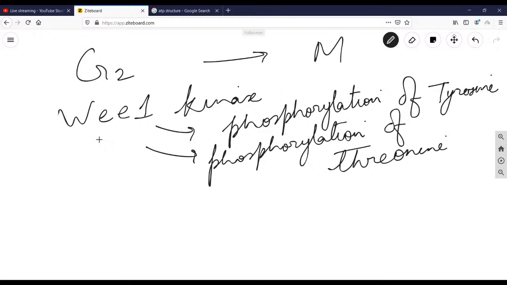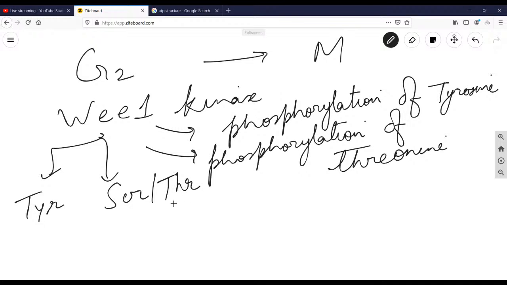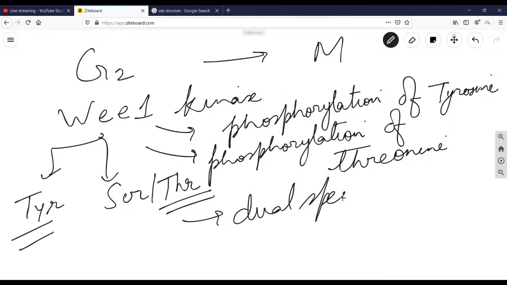Because there are two families of kinases, one which phosphorylates tyrosine, and one which phosphorylates serine or threonine. But it is able to phosphorylate threonine and tyrosine both, so it is a dual specificity kinase. It has double specificity. A very special kinase is V1.